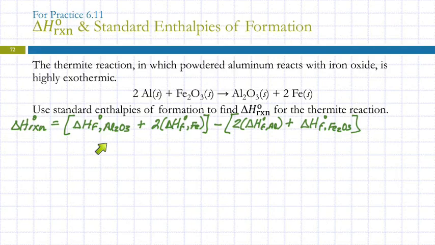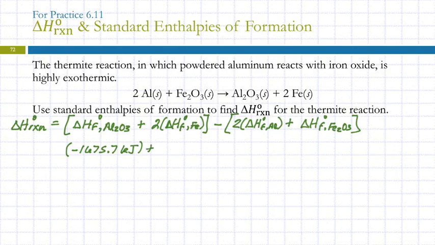So this heat of formation for Al2O3, I just looked that up. It was minus 1675.7 kilojoules per mole. How many moles of that do I have? 1 mole, right? So I'm multiplying by 1 mole.